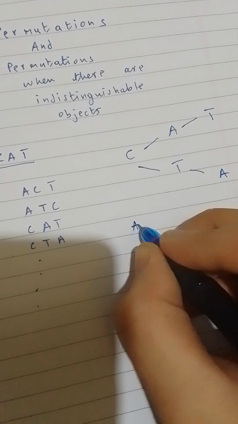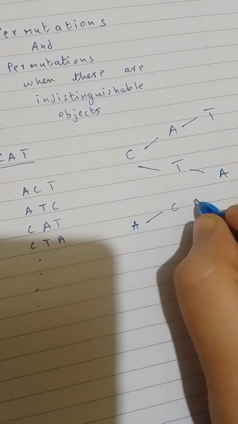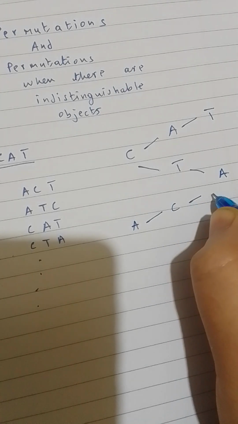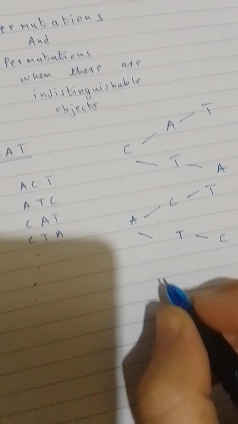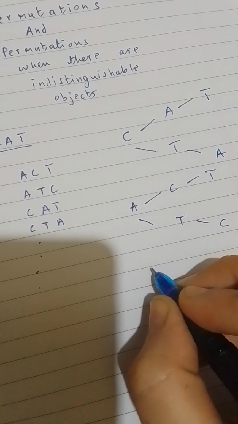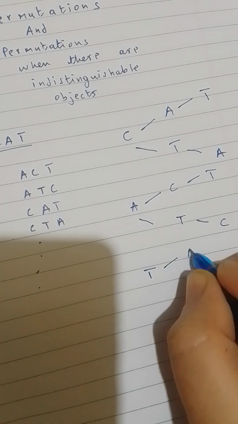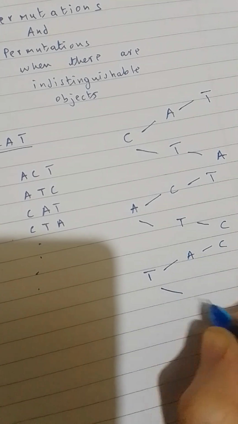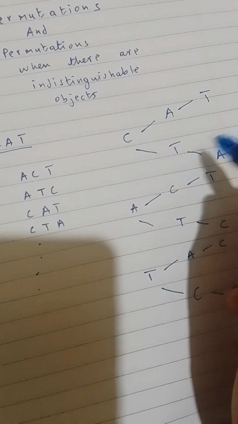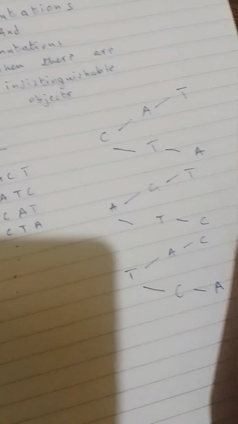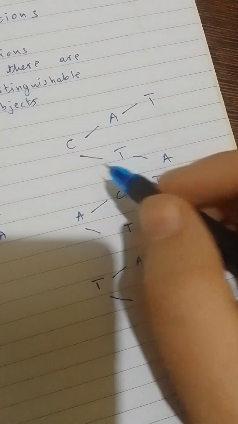And then from A I can go to C and then T, or I can go to T and then C. That's also reasonable. And then from T I can go to A, then C, or I can go to C and then A. So if you look deeply enough, you can catch a pattern here.